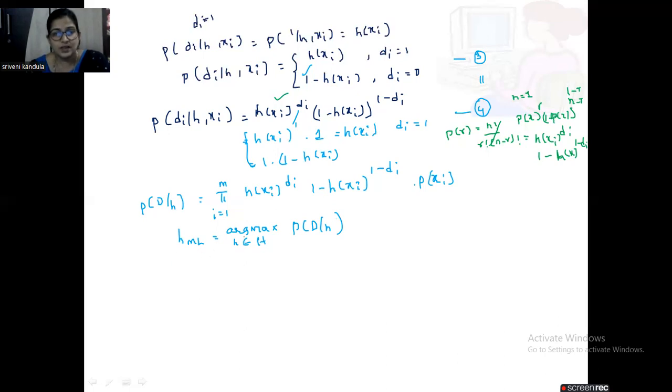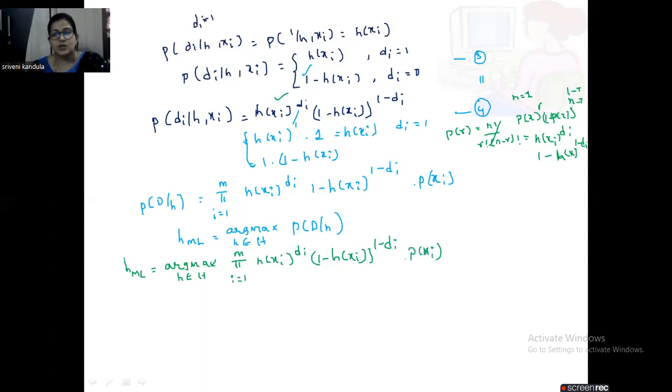So let's continue our discussion. Now let us apply this argmax on our formula. That is HML is equal to argmax over h belonging to capital H of the product for i equals 1 to n of h of xi to the power of di multiplied with 1 minus h of xi to the power of 1 minus di multiplied with P of xi.